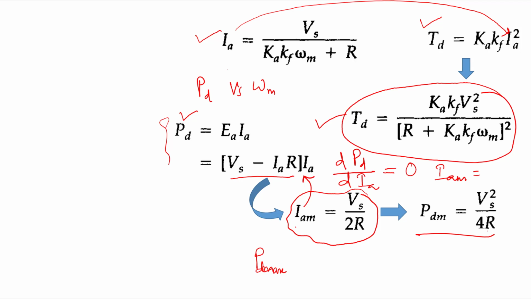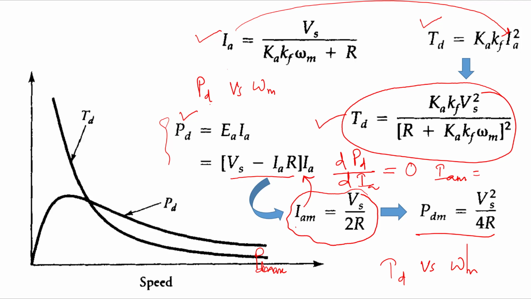Now I can draw the characteristic of TD versus omega m and PD versus omega m. If I plot TD versus omega m, it will look like this because it is an inverse square characteristic. And the PD characteristic will be like this, having a peak value equal to Va square by 4R. So these are the characteristics of the series motor.